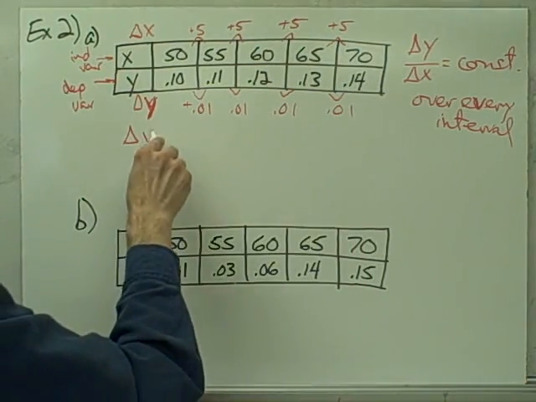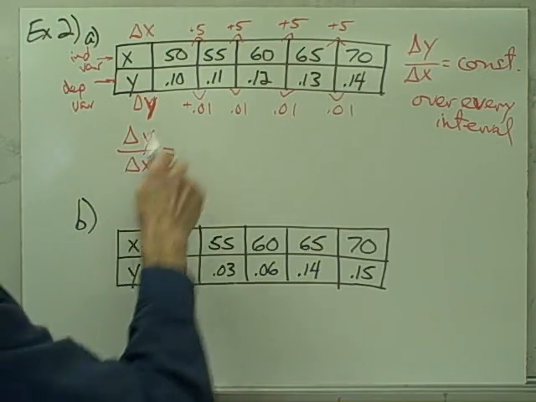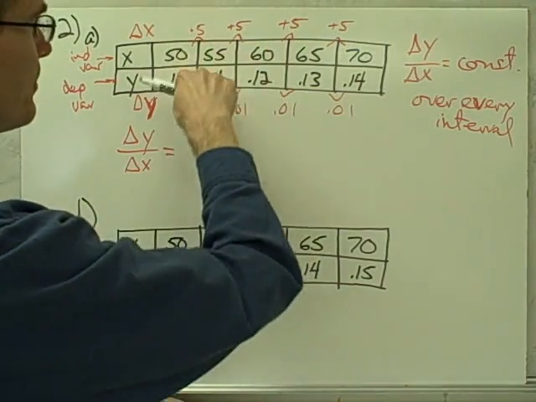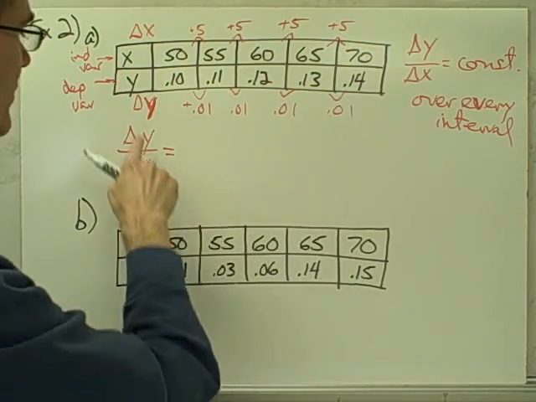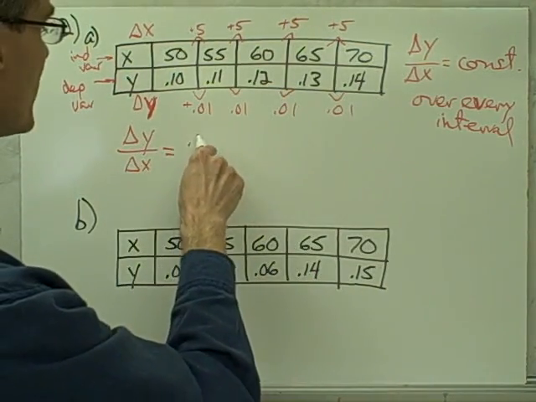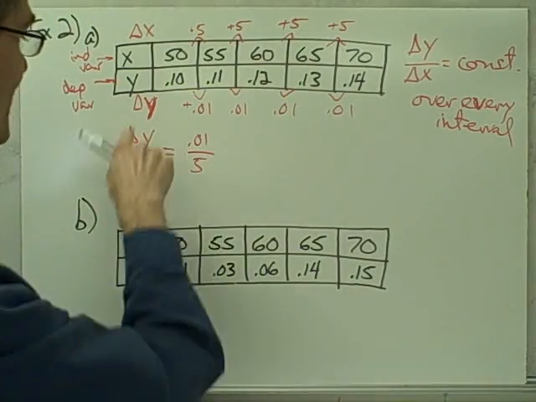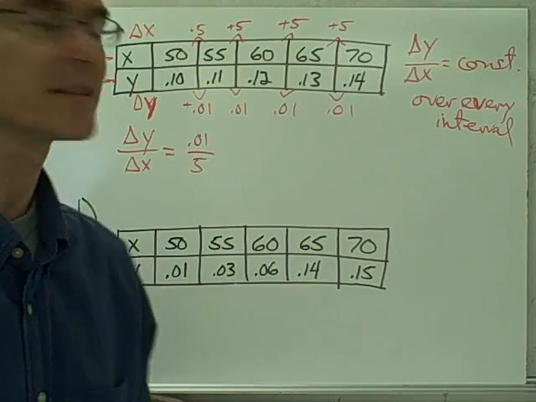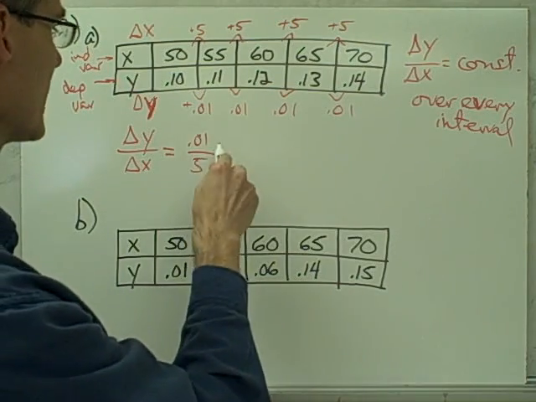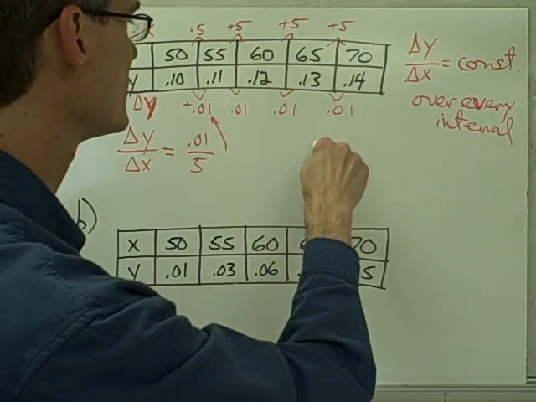So it's not too hard to see with these numbers that for any pair of points that I choose here, delta y is always going to be 0.01, and delta x is always going to be 5, which means that my delta y over delta x is always going to be constant, whether I use this pair of points here or this pair of points over here.